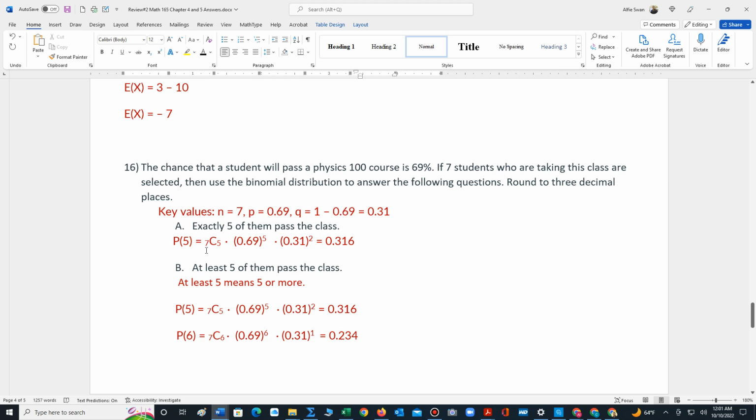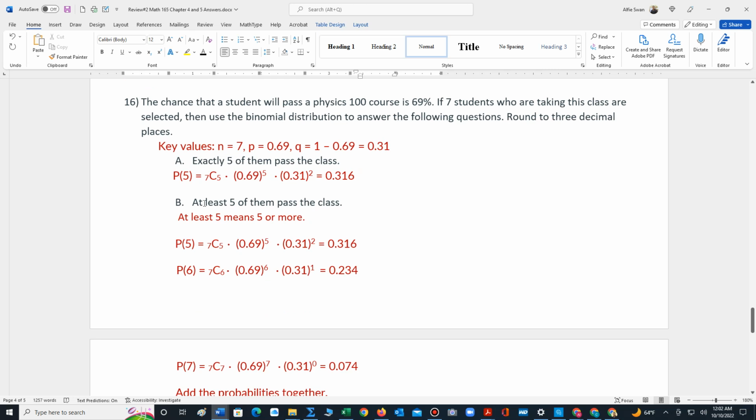Remember, there's 7 students. If 5 are passing, that means 2 are not passing. So times 0.31 raised to the 2nd power. Type that in the calculator to get the final result. It's 0.316.